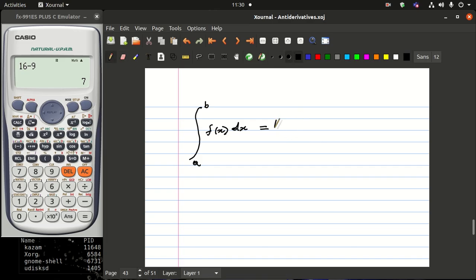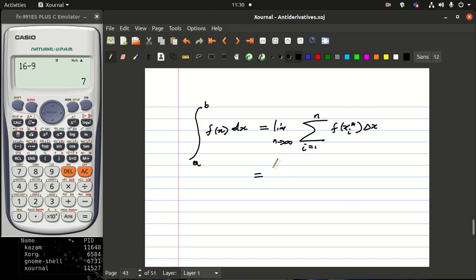It is defined as the limit as n approaches infinity of the sum from i equals 1 up to n of f of xi star times delta x. So that is actually the definite integral.